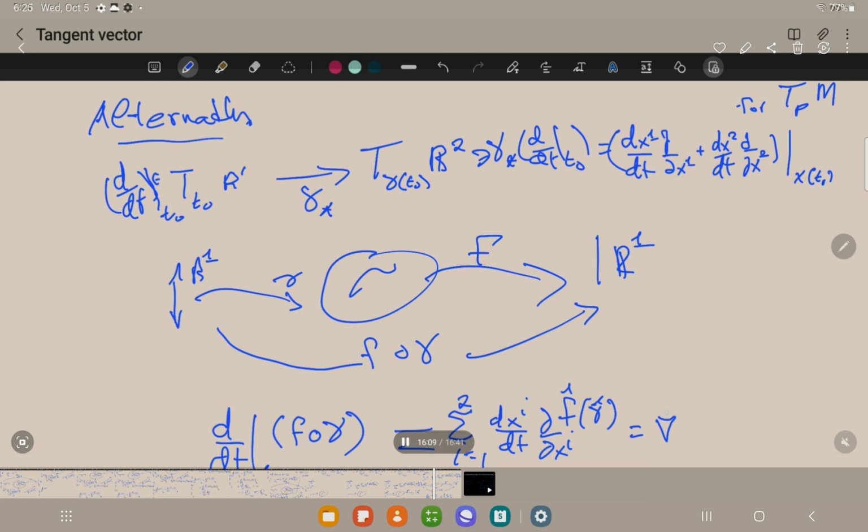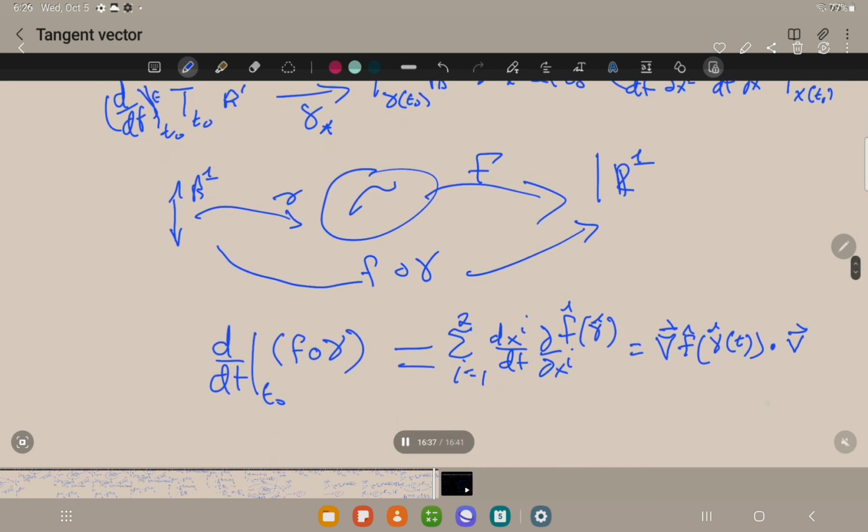And then you can also rewrite this as the gradient of the function dotted with a vector v. So the way to interpret this is that it is equivalent to a directional derivative of the function in the direction of v, because you're taking the dot product of that gradient vector with the v vector. Okay, so end of proof.